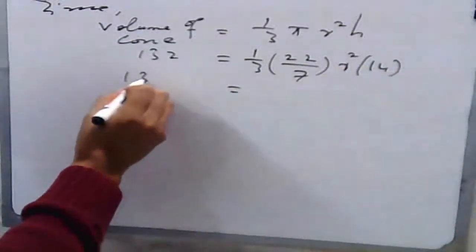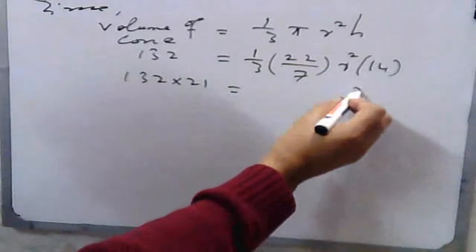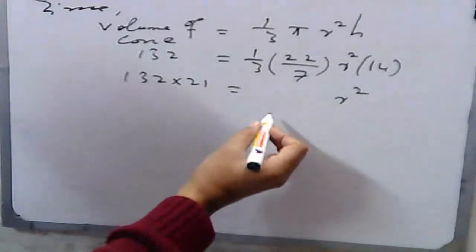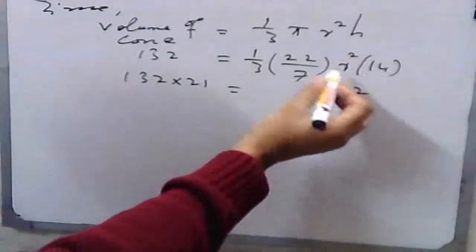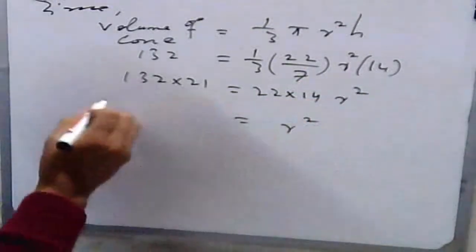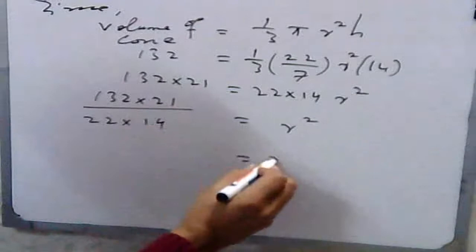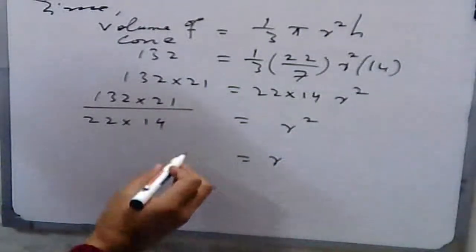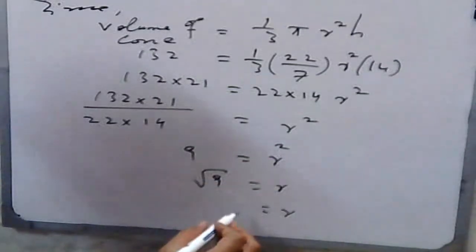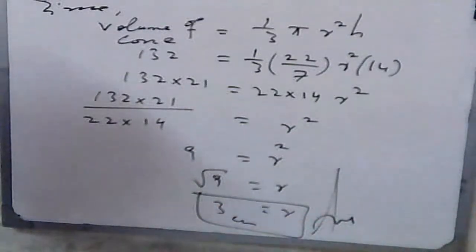So after simplification, you can write multiply by 21, and this one is 22 multiply by 14. We need the value of r square, so 132 multiply by 21 divided by 22 multiply by 14. So after simplification the value of r is 3 centimeter. You can get this by using a calculator.